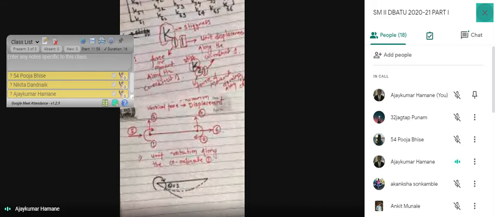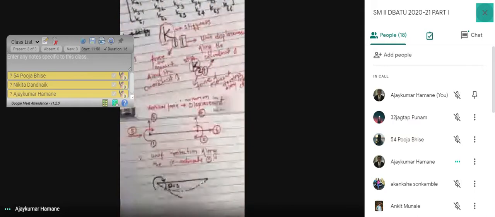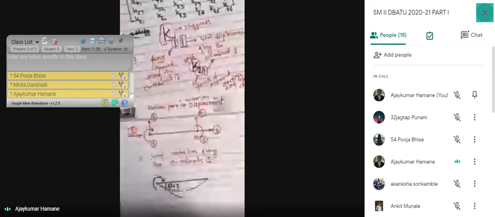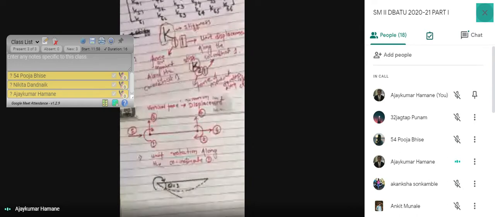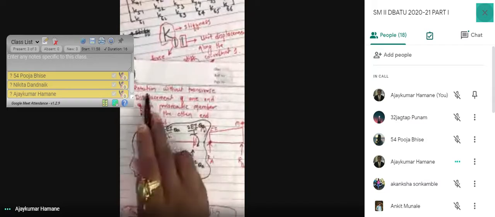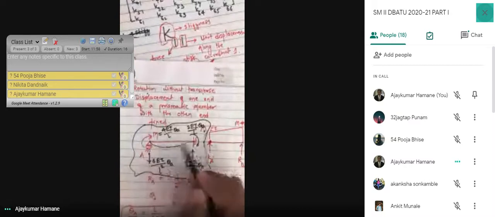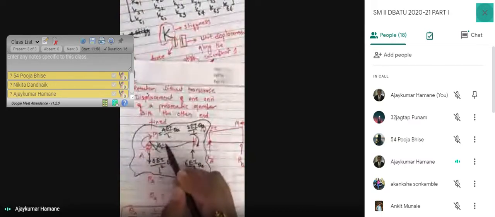In the last lecture we have seen the case when the far end is fixed. You see here, if we only apply the moment, that is unit rotation without transport, theta equals 1, what is the moment developed?